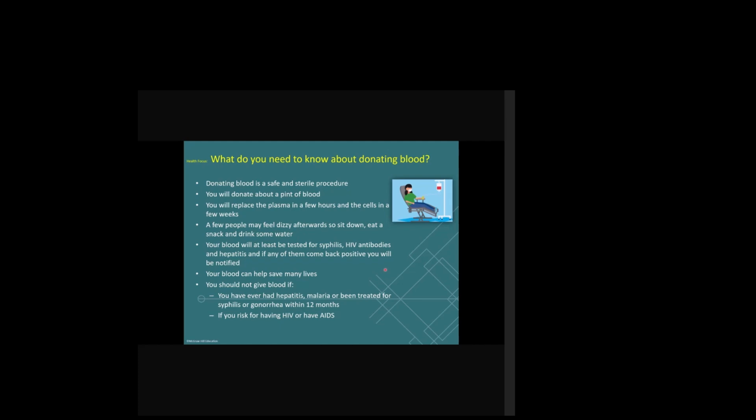Remember, we said the plasma is the liquid portion of the blood, right? Now, they gave her juice to drink. When she drank the juice, the liquid portion is easily absorbed and replaced, and the blood volume almost comes back quickly.